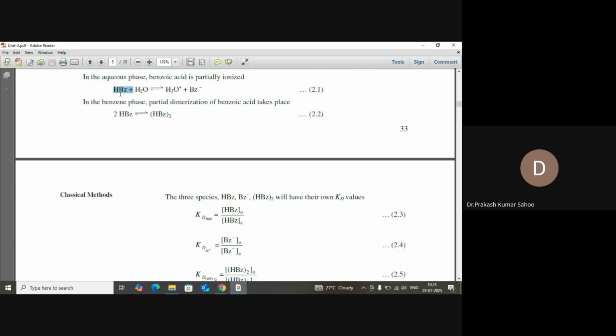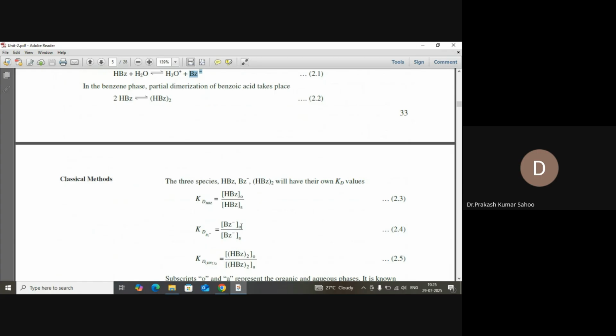Then we may write the equation HBZ in organic divided by HBZ in aqueous. Then the second one, the benzoate ion, BZ minus, again in organic divided by in aqueous.